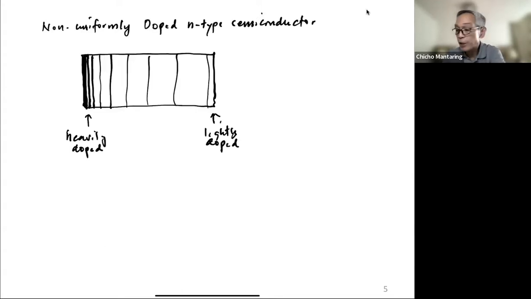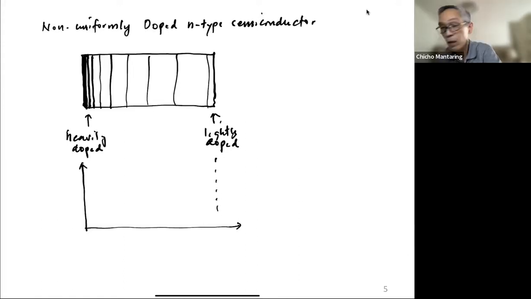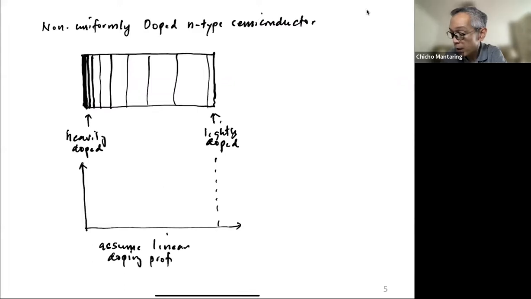Now let's assume that the doping profile is linear. So this is my doping concentration. Kunwari lang, pag ganyan siya.